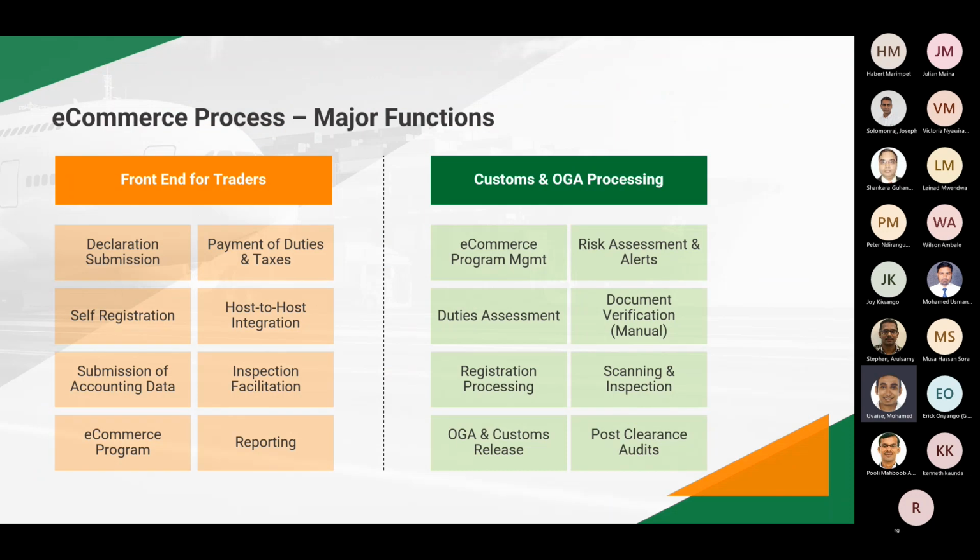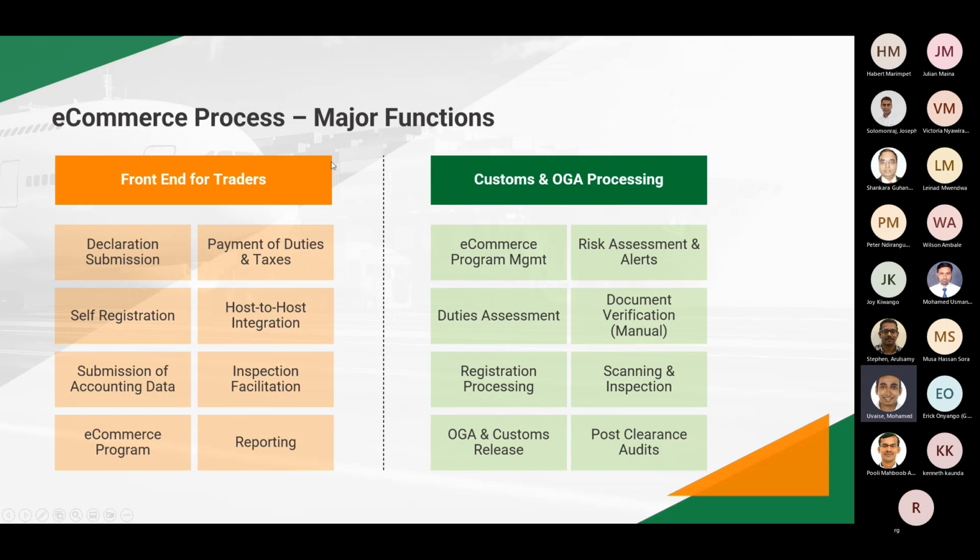Here, to give you an overview of some of the key major functions, these will be covered in the demonstration that will follow. It involves declaration, submission, registration, submission of accounting data, having an e-commerce program defined, making payments of duties and taxes, facilitating integration, and so on.